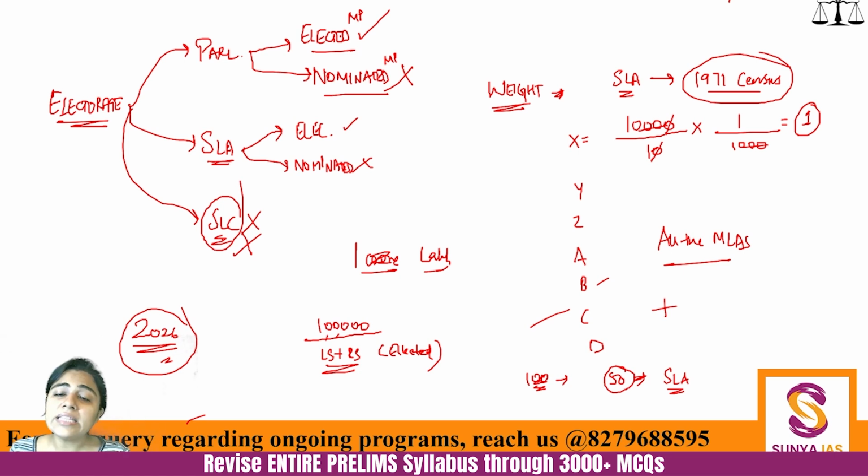Now, within this particular state, if one particular district has gained more population and another has reduced its population, that change can be incorporated according to the 2001 census. So the 2001 census can be used for the intra-state changes of seats. However, the overall number of seats allocated to a state will remain the same.